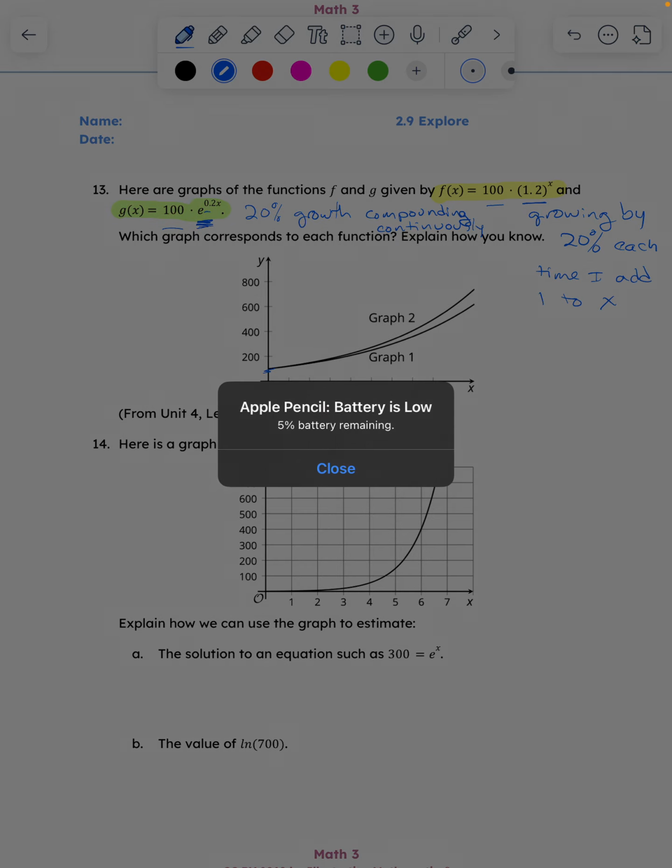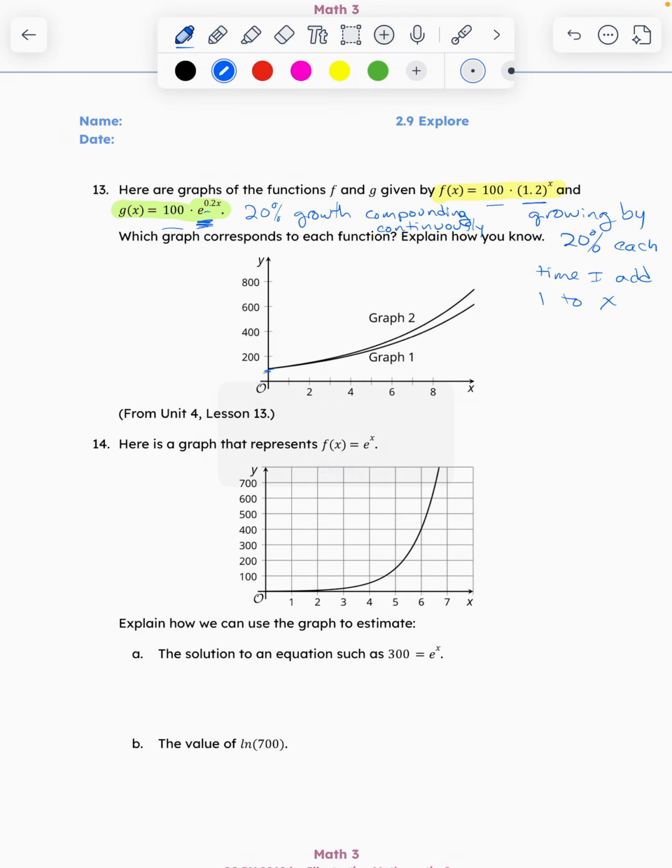But in one case, ooh, we're going to have to go fast. In one case, I'm compounding annually or over an interval. And in the other case, I'm compounding continuously. And when I compound continuously, as we've demonstrated when we derived the limit definition of e, I'm going to get steeper. I'm going to grow faster. So that means my graph 2, which is steeper, is going to be my compounding continuously.